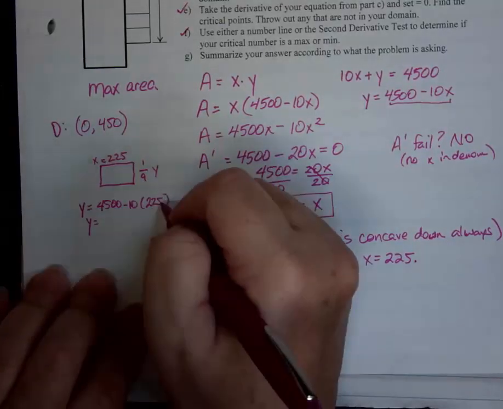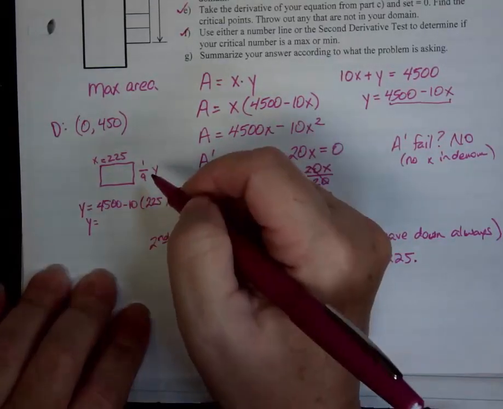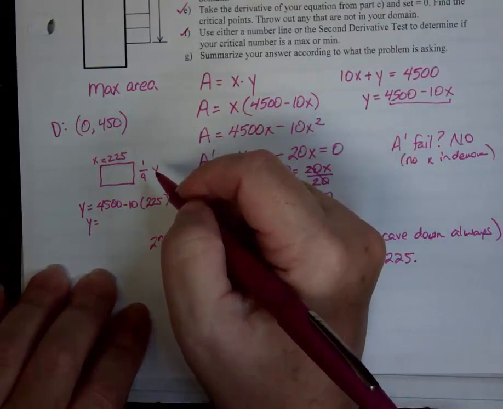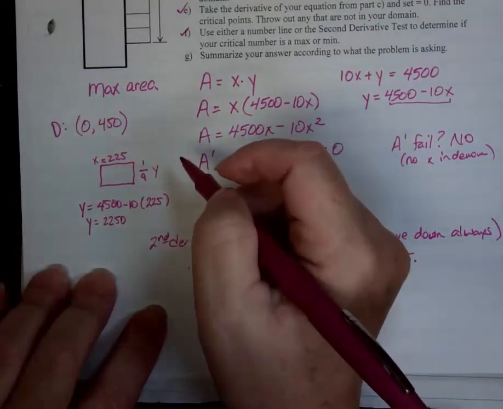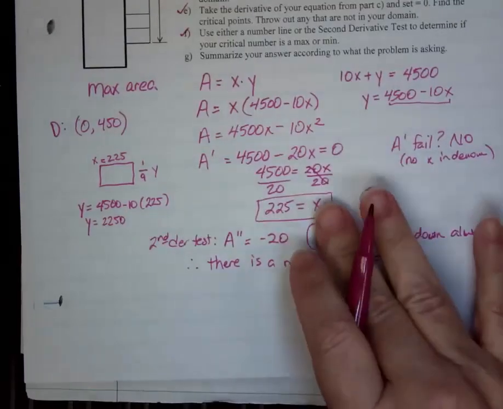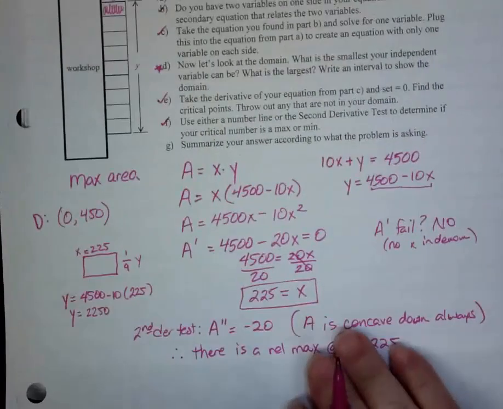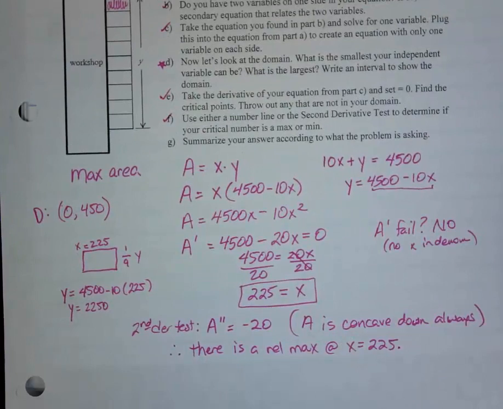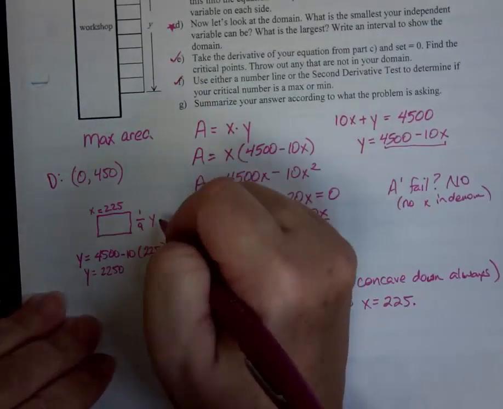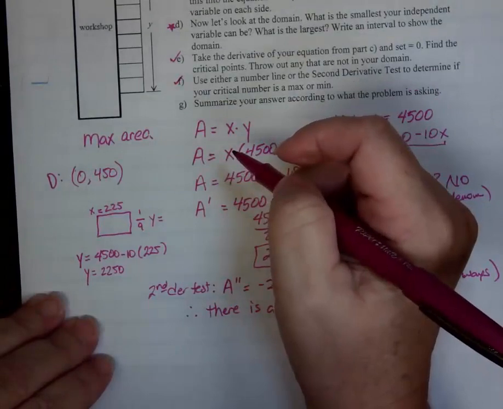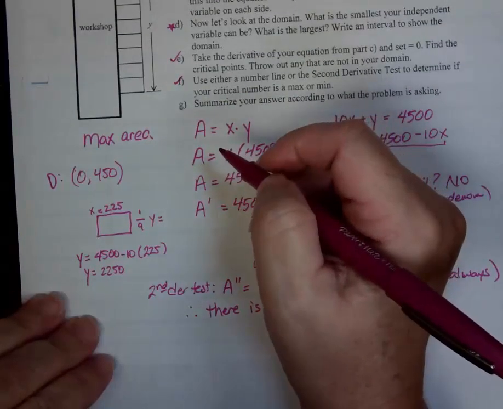So what's 4,500 minus 2250? 2,250? Yeah. Okay, that's the whole side of y. So I keep moving this up and down, I know. So what should I do with that answer to find out how long one of the little sides is for y? Divide by 9. So 1/9 of y, what is the answer when you divide it by 9? 250.